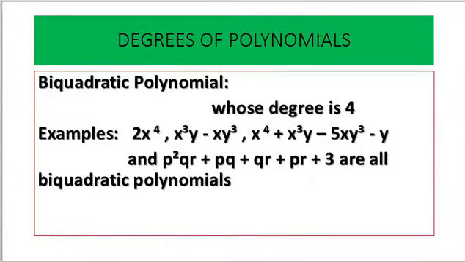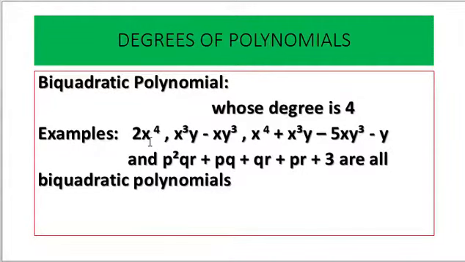In degrees of polynomials, the fourth is biquadratic polynomials, whose degree is 4, meaning the power of the polynomial, the power of the variable, should be 4.